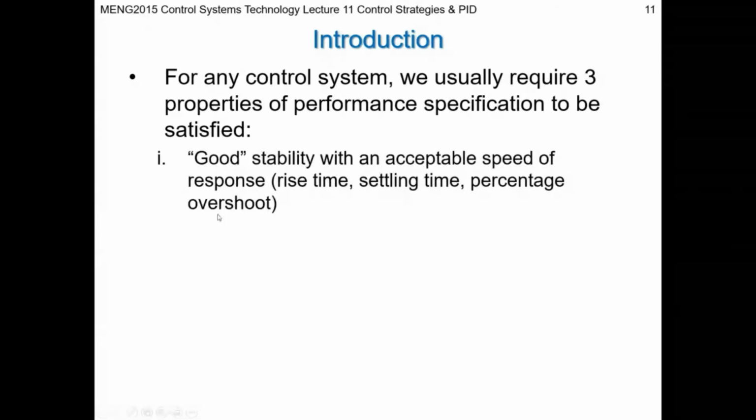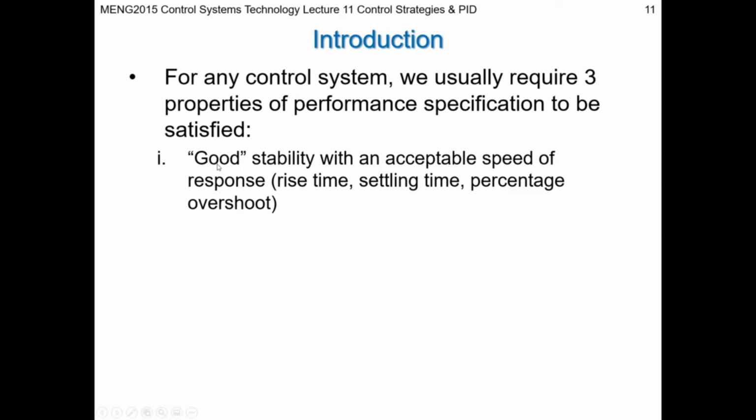Generally, we want good stability, which covers all those parameters around things like the response of a system to a step input. So we want our system to be reasonably responsive, to have a fairly quick rise time, fairly quick settling time, and overshoot in response to a step input that's not too excessive. So we want good stability.